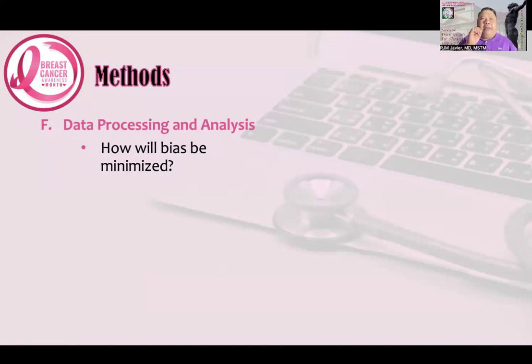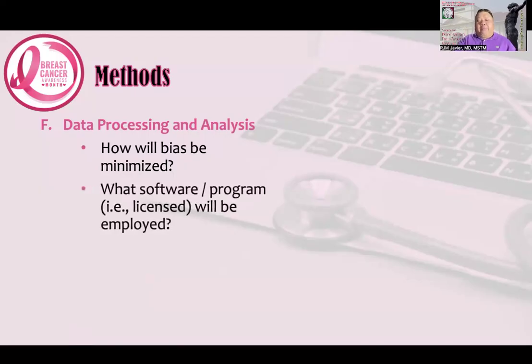So if there will be any potential bias, bias could be seen from the sampling, from the actual data collection. How will you minimize the bias? If ever you will be employing software, make sure that the software that you will be using is licensed. Let's say you will use SPSS, the Statistical Package for the Social Sciences.